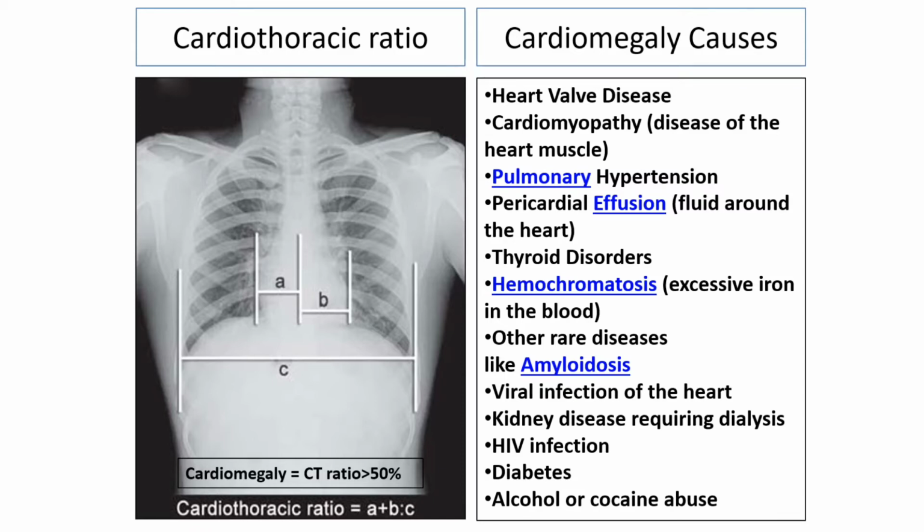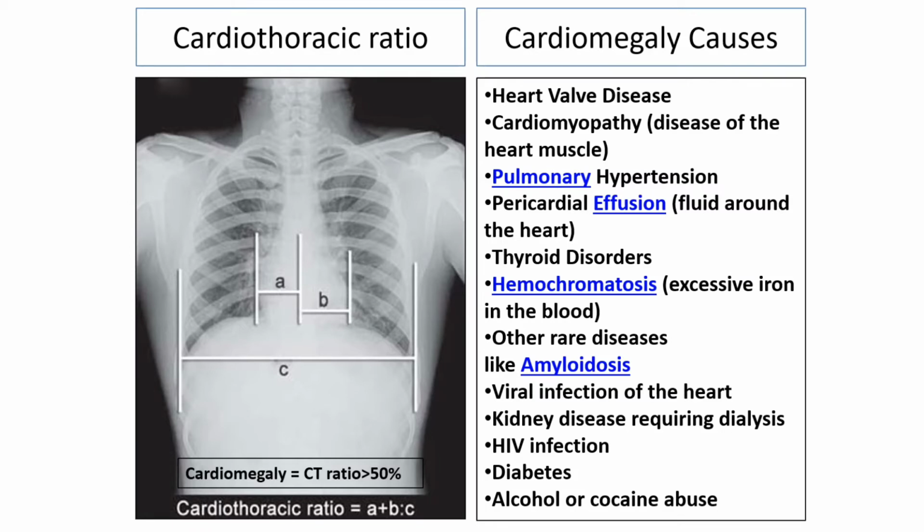The normal cardiothoracic ratio is around 50%, while cardiomegaly is called if the cardiothoracic ratio is more than 50%, and the causes of cardiomegaly are as discussed here. And how will we take the CT ratio? C for the cardiothoracic ratio. So there is a line drawn at the midline, as you can see here.